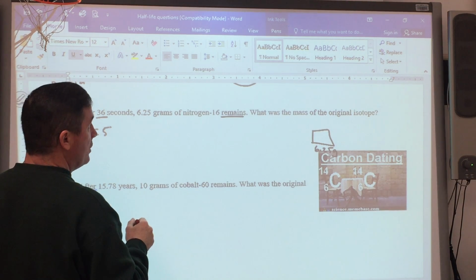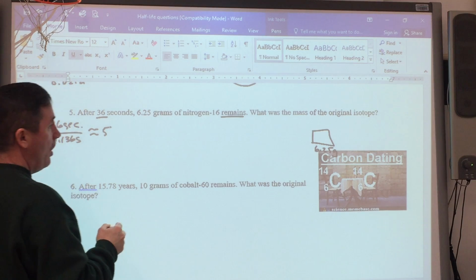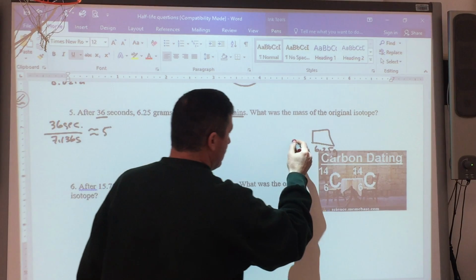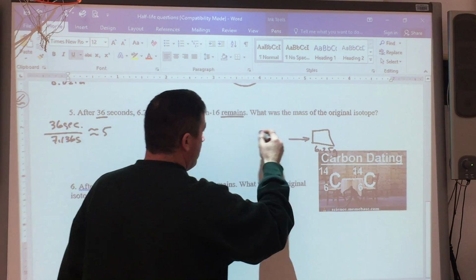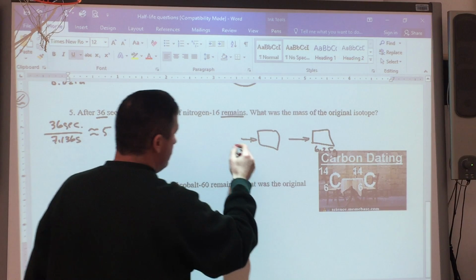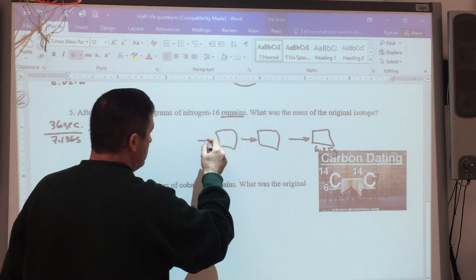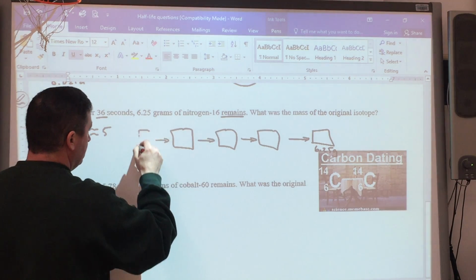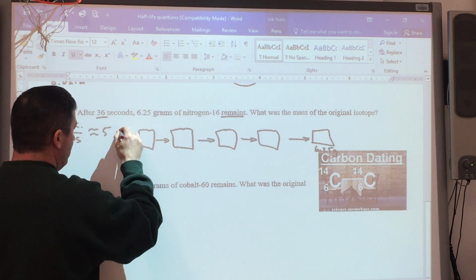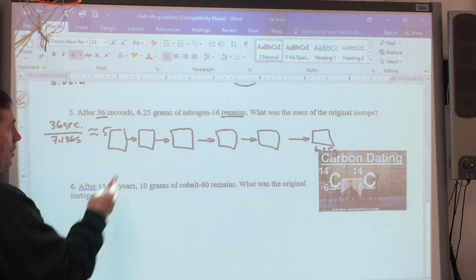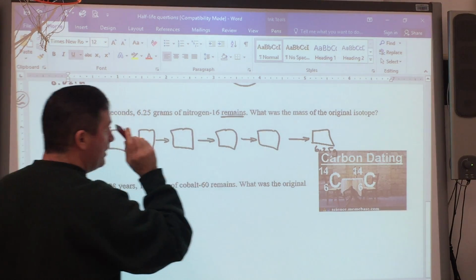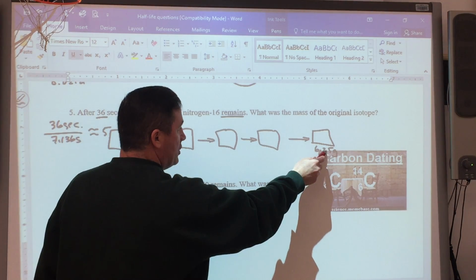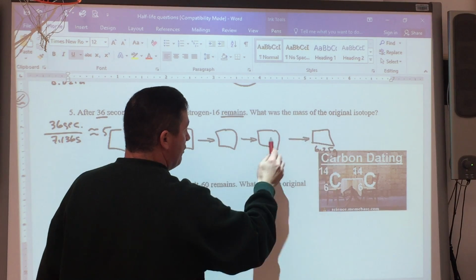What was the mass of the original isotope? So I've got to get back over to here, yes? I've got 5 half-lives. So here's 1, here's 2, here's 3, 4, and 5. 1, 2, 3, 4, 5. Count the arrows. Don't count the samples. So if I've got 6.25 remaining, what happened from here to here?